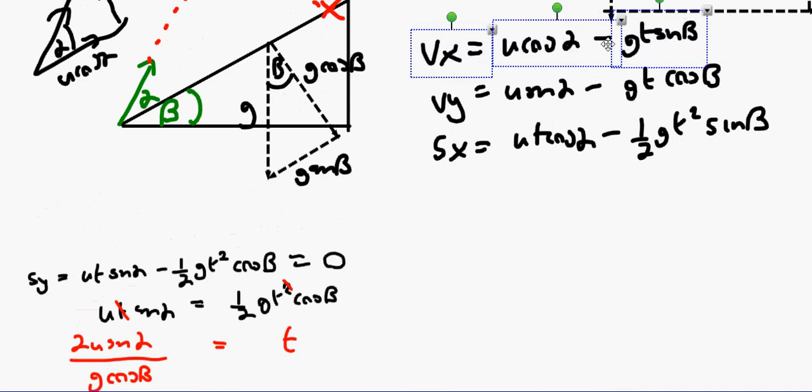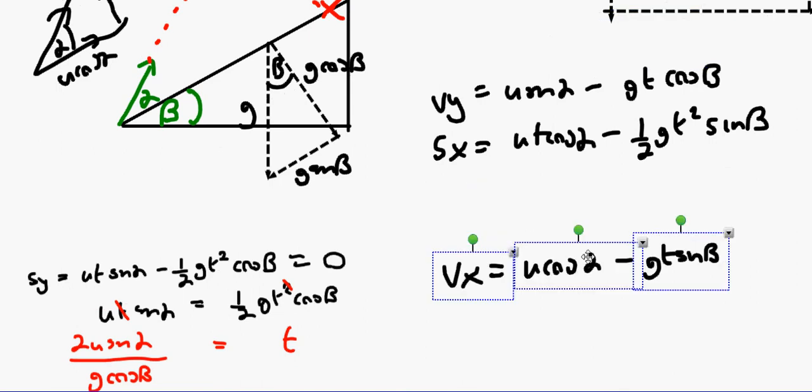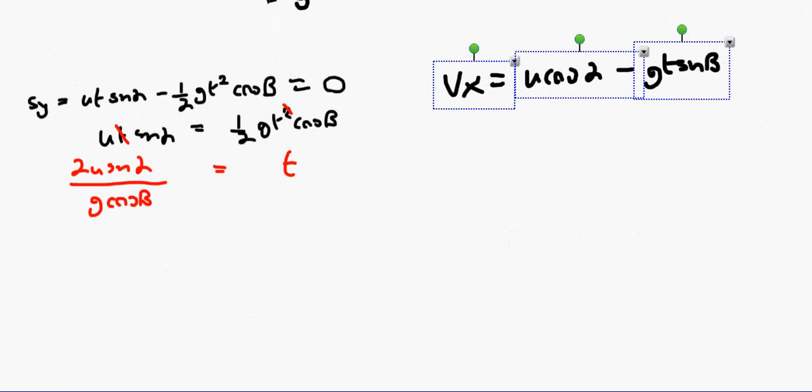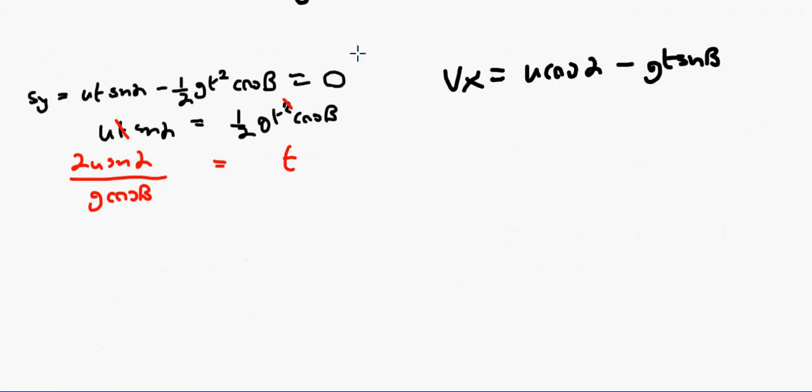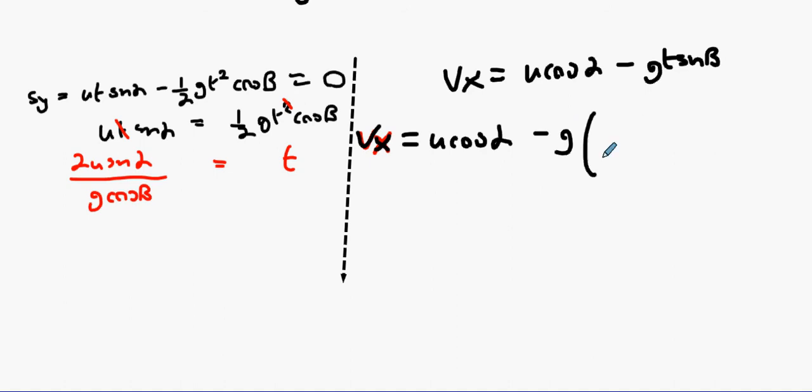There's your Vx. Bring it down and you're about to use it. Vx equals u cos alpha minus g times t, which is 2u sine alpha over g cos beta.